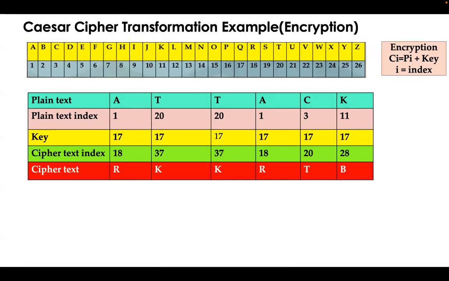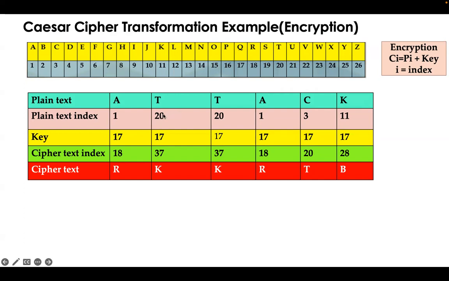And our rule for the encryption method is: Caesar cipher index equal to plaintext index plus key. Our plaintext index is 1 and our key is 17, so our ciphertext index will be 17 plus 1, which is equal to 18.